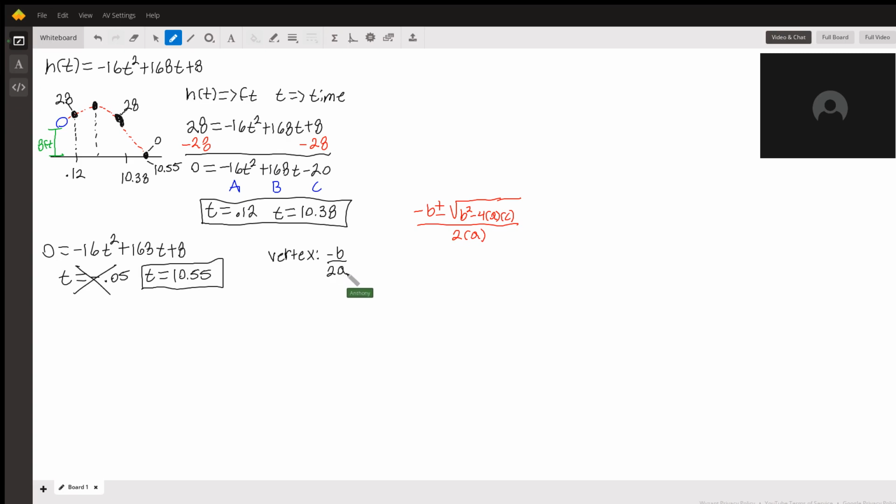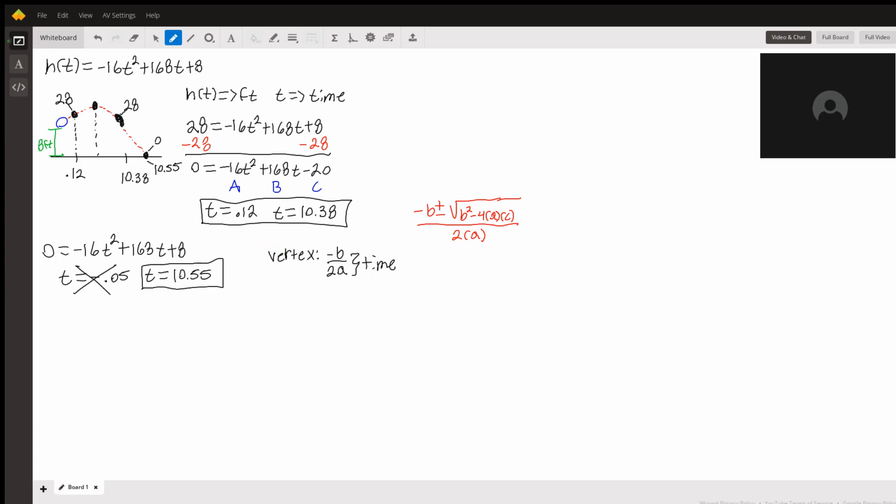We already know our a term and b term of our normal function. The vertex is an ordered pair, so this would just give us the x value, our time. This would only give us the time.